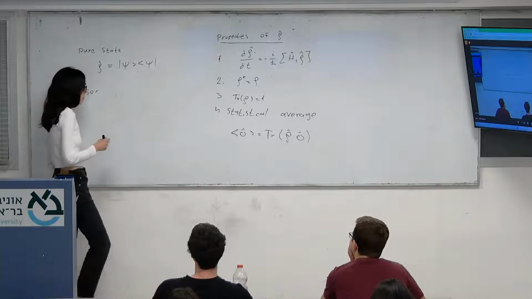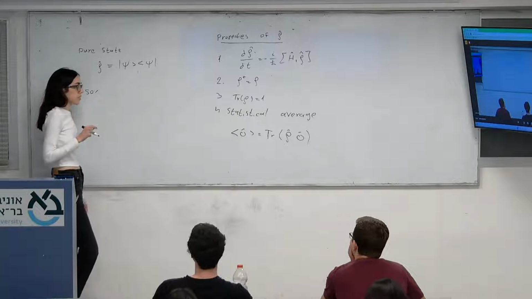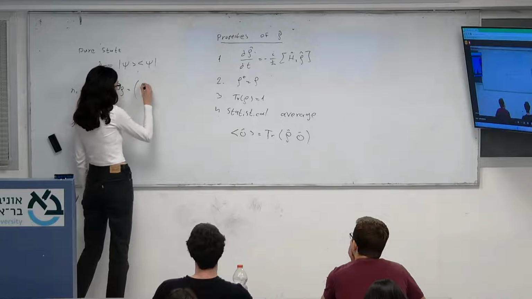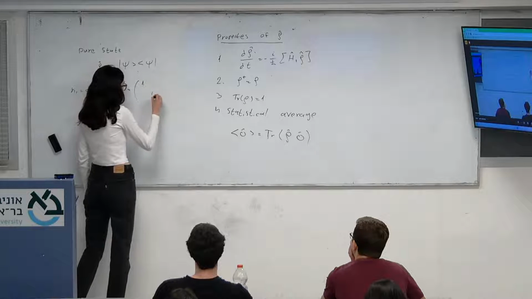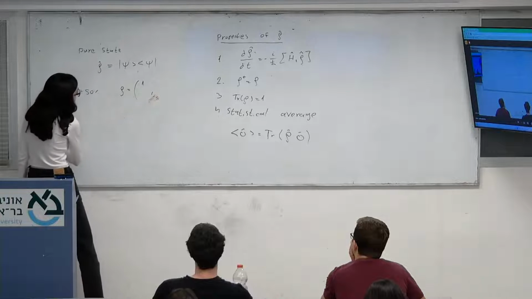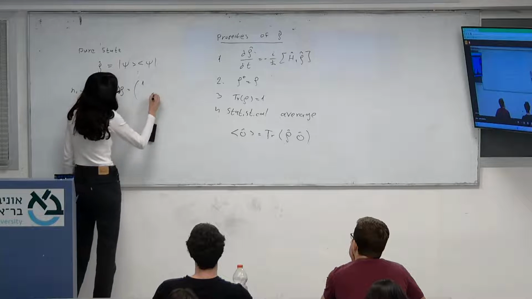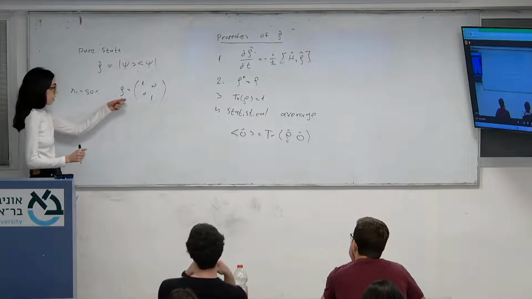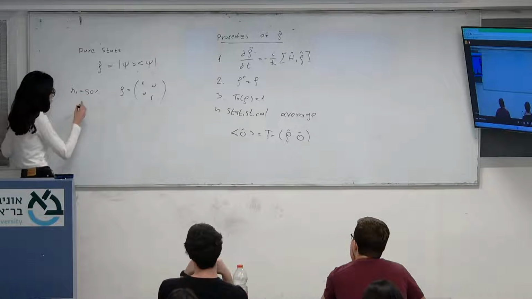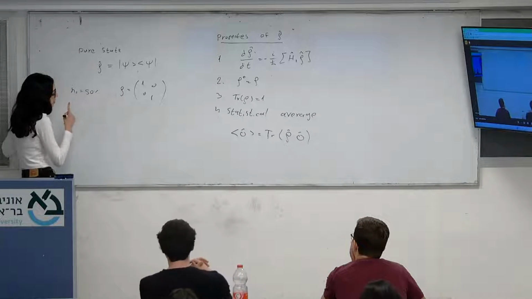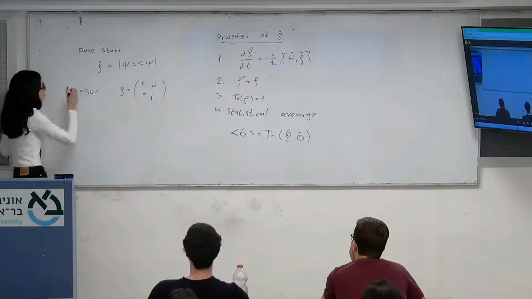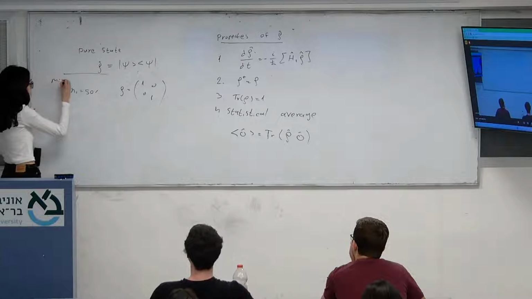So the density matrix is going to be, okay, let's ignore normalization for a second. So I'm going to have a diagonal matrix. But this is okay. This is mixed.